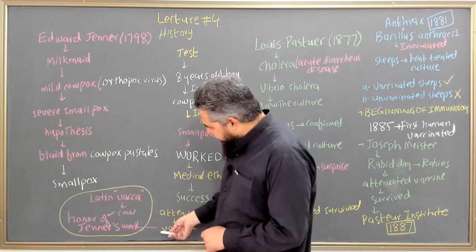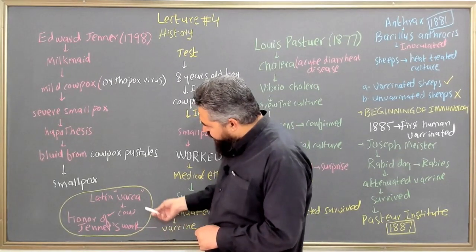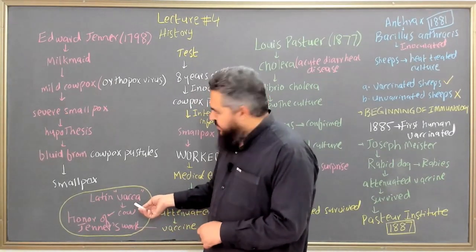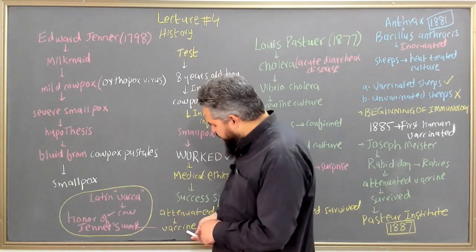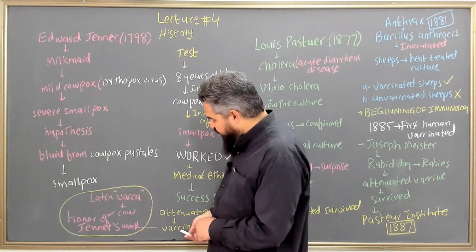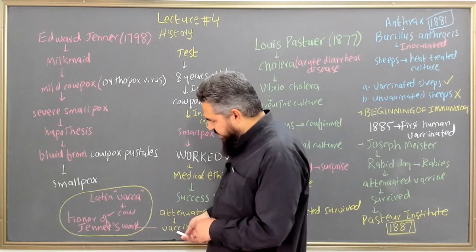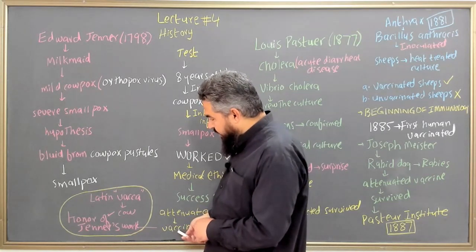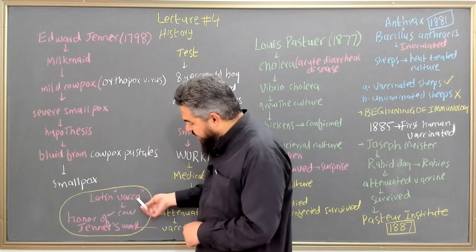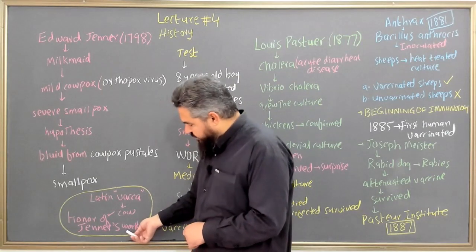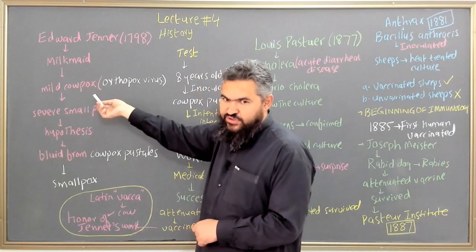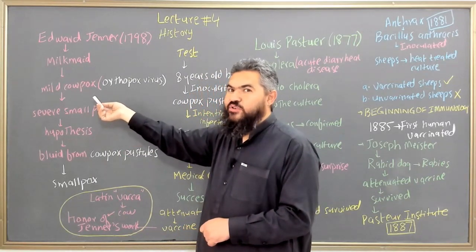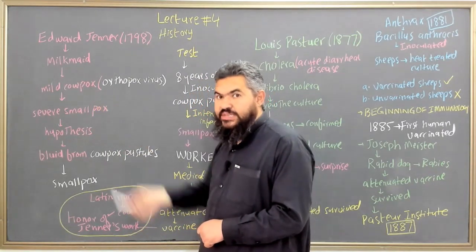Now this word vaccine is actually derived from a Latin word vacca. This vacca means cow, and he called these attenuated old Vibrio cholera cultures vaccines because he gave the name vaccine in honor of Jenner's work, because Jenner worked with these cows, collecting the cowpox pustules from them.